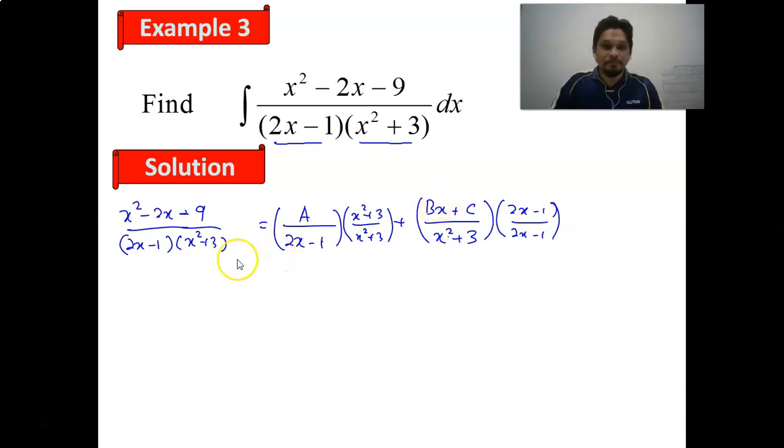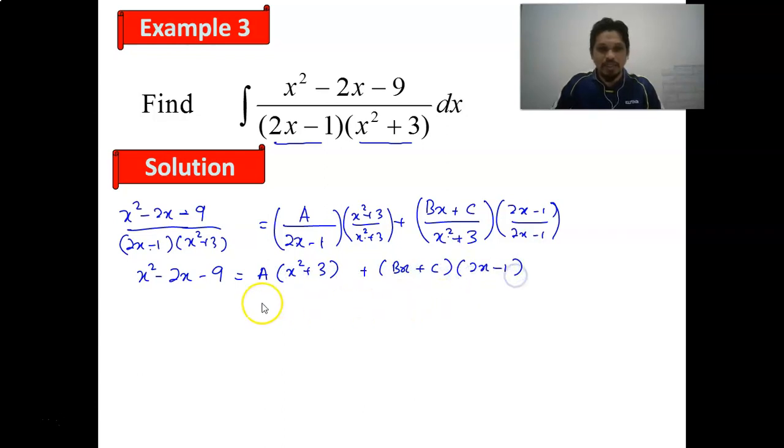Okay, now since the denominators of these two are now equal to the original, we just look at the numerator: x squared minus 2x minus 9 equal to, if we expand this, A times x squared plus 3 plus Bx plus C multiplied with 2x minus 1.